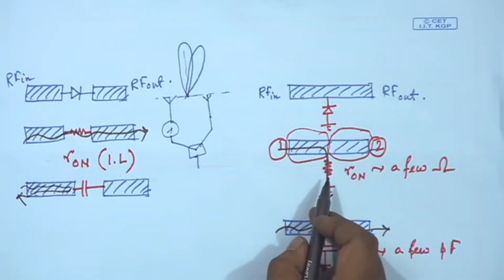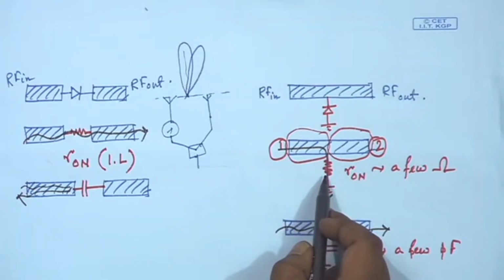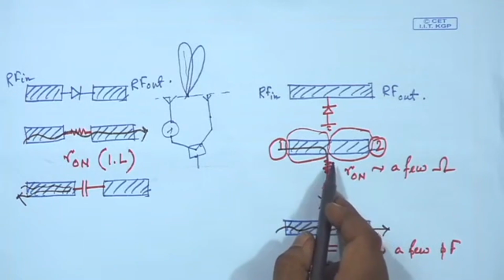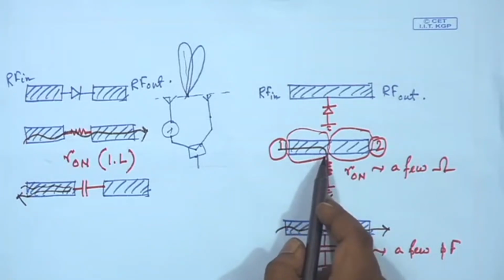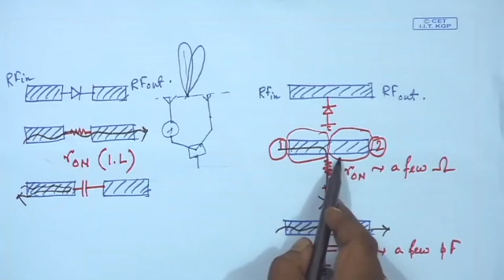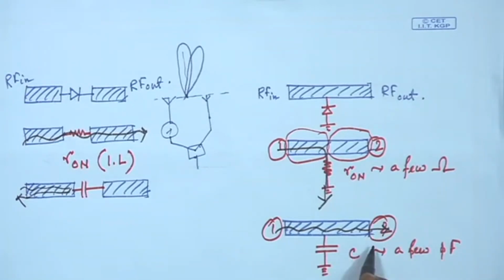Obviously, when we implement any switch, there won't be only one single PIN diode or Schottky diode. In addition to this, we should have DC blocking and RF blocking arrangement, and for that we have some additional capacitors and inductors, but at RF frequencies those inductors will be represented by open circuit and capacitors by short circuits. So, not only for this case, for the second case also we can calculate what is the S11 and S21.